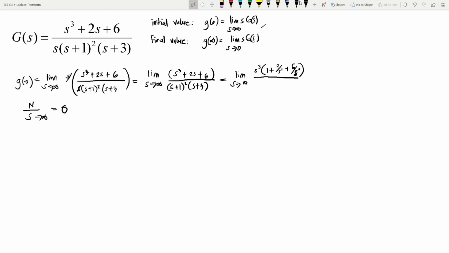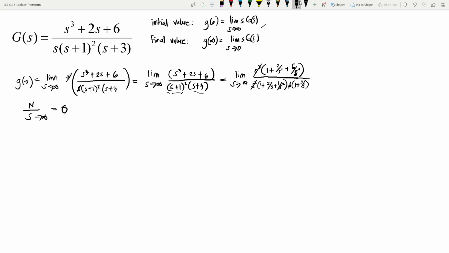Then for the denominator, expanding this term right here and then factoring out s squared, we have s squared times 1 plus 2 over s plus 1 over s squared, and then this term, factoring out s, we have s times 1 plus 3 over s. So s cubed cancels.